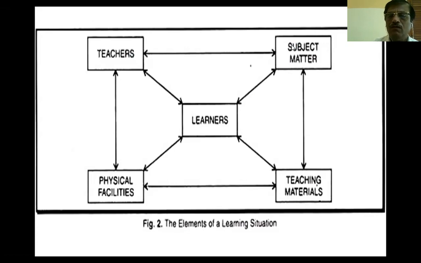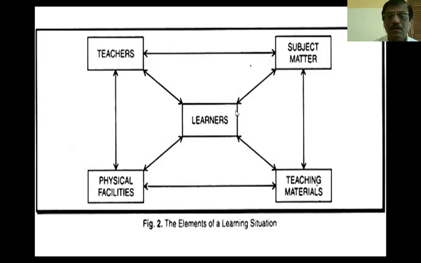Subject matter is the information to be given to the learner. Teaching material means teaching aids. It may be a blackboard, PowerPoint, photographs, or a chart. Then physical facilities: there should be adequate sitting arrangement, lighting, and ventilation, and no disturbance from the outside.